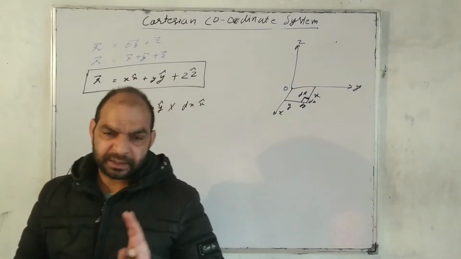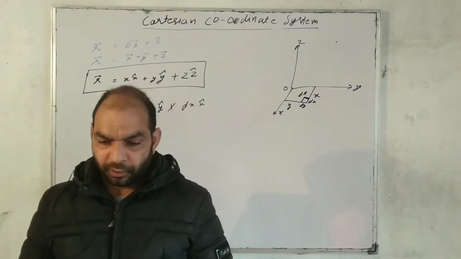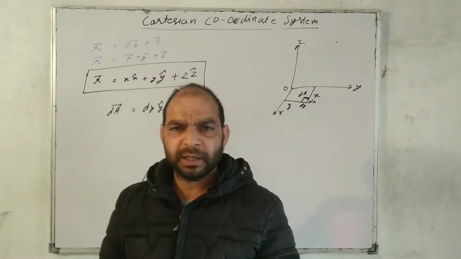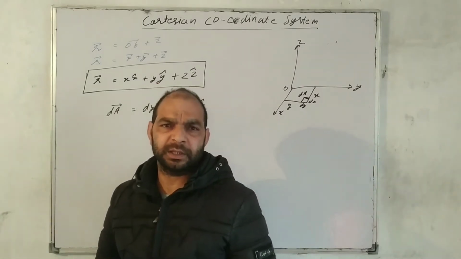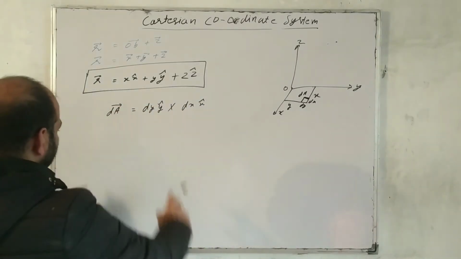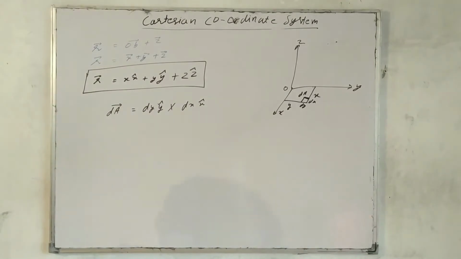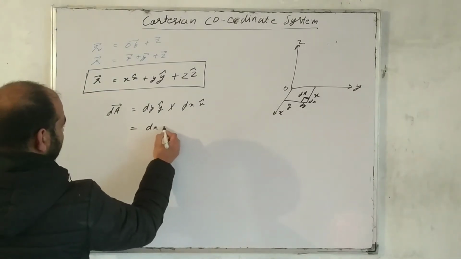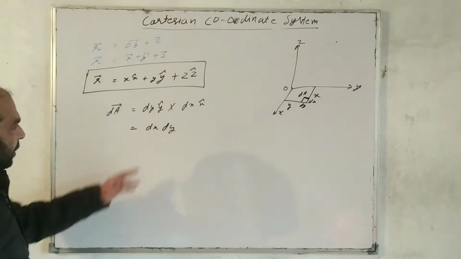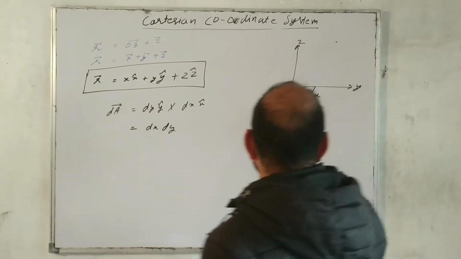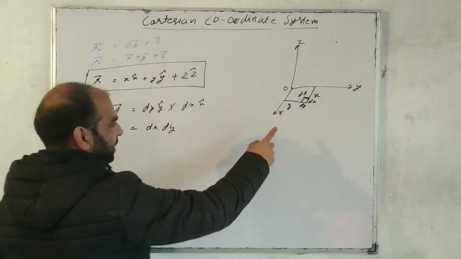Area is a vector quantity, but for our calculations sometimes we take it as a scalar quantity, sometimes as a vector quantity. Here we are treating it as a vector quantity. Now it will become dx dy, and y cap cross x cap.